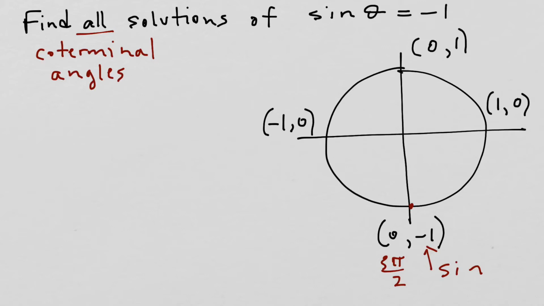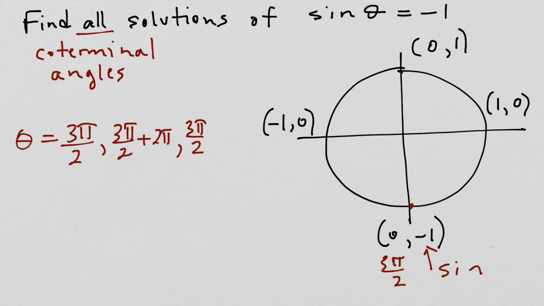So that means theta is going to start with the base value 3 pi over 2, and then we're going to go 3 pi over 2 plus 2 pi, 3 pi over 2 plus 4 pi, and on and on. Each time we're adding a multiple of 2 pi to our base value of 3 pi over 2.